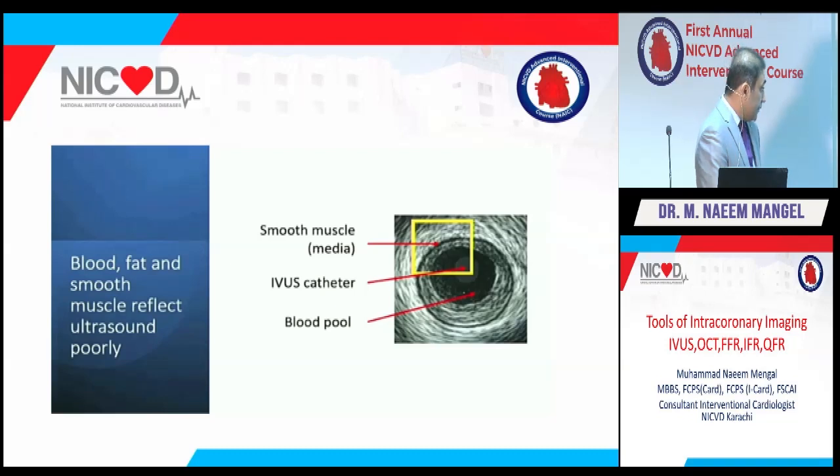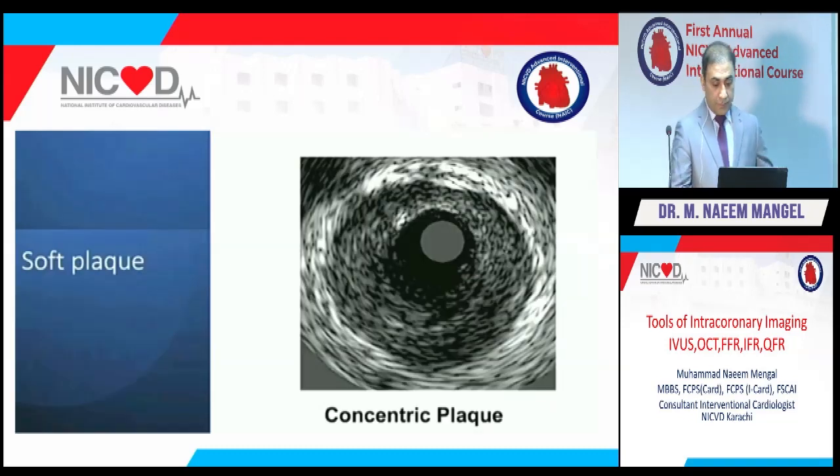Now, depending upon its composition, you can decide whether it's calcified or lipidic or fibrotic. You can see a concentric plaque present in 360 degrees. This is the lumen, this is the media, and anything beyond media is adventitia. So all this lining is thick plaque.